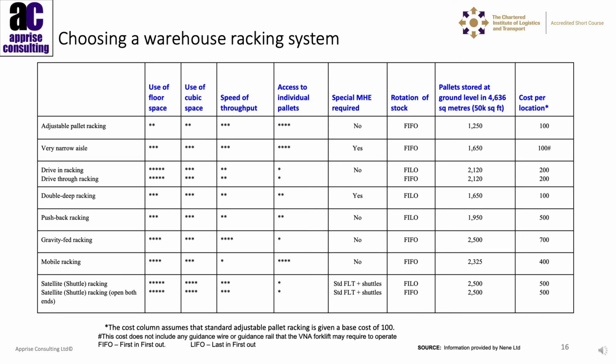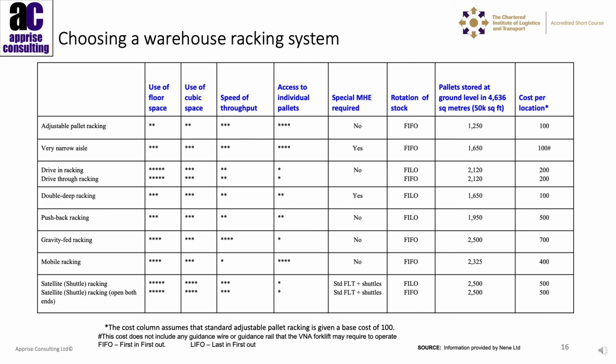In this slide, we can see the different advantages and disadvantages of the different types of racking. So in terms of adjustable pallet racking, use of floor space isn't great because we have much wider aisles. The same goes for total cubic space as well. Speed of throughput is reasonable, but we also have full access to individual pallets.